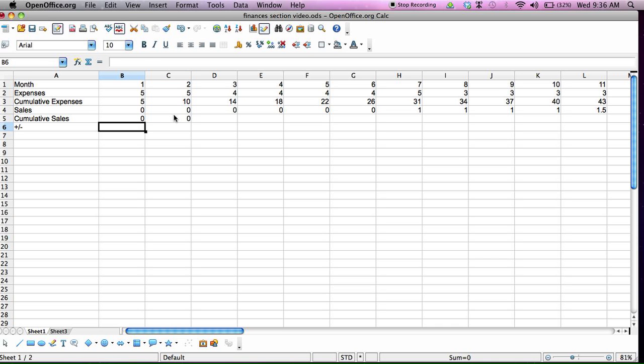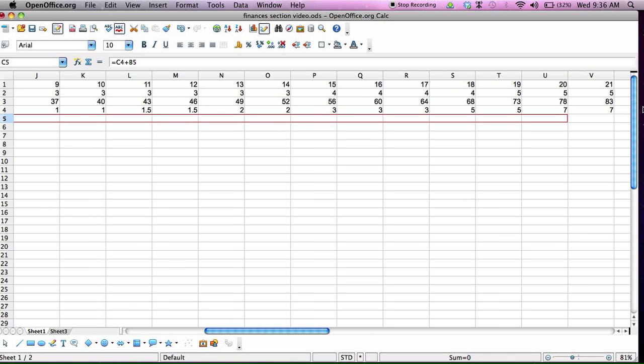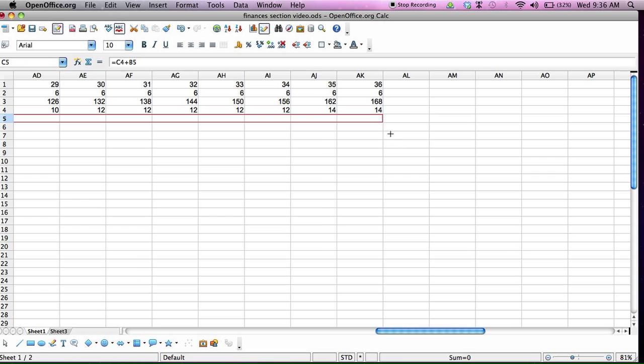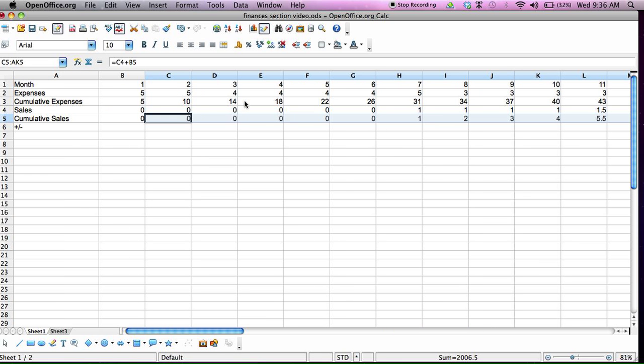Now these two rows are going to be really handy when we're trying to create our cash flow graph and our break-even analysis chart. And it's also going to come in handy when trying to figure out how much funding we need. The last row, the plus minus row, all we're doing there is taking our sales and subtracting our cumulative expenses.